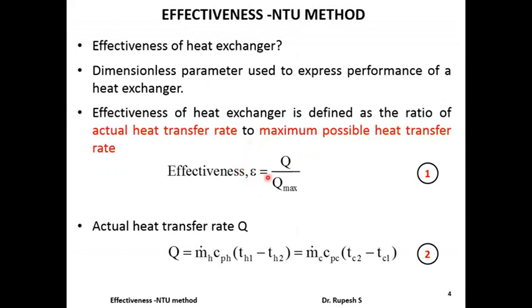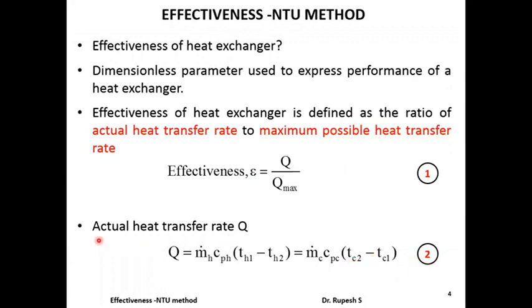If we know the value of effectiveness and Q max, we can calculate Q, which is the actual heat transfer rate. We know that the actual heat transfer rate can be expressed as m dot Cp delta T of the hot fluid, which is equal to m dot Cp delta T of the cold fluid, which is given by equation 2.